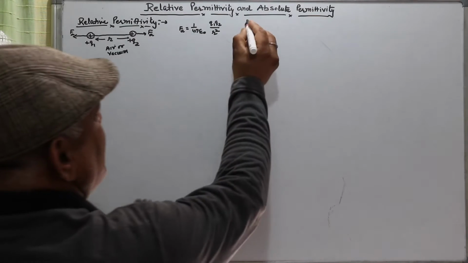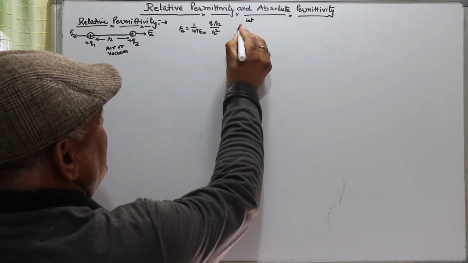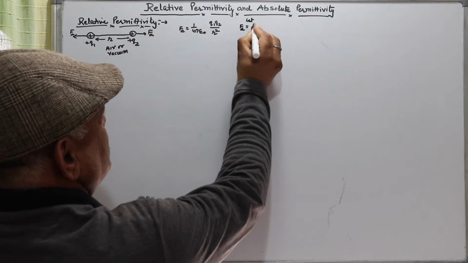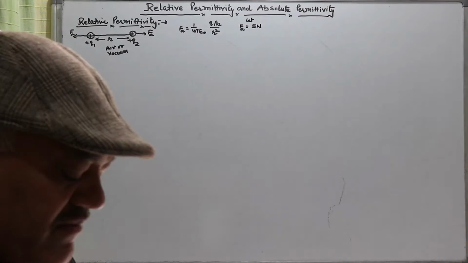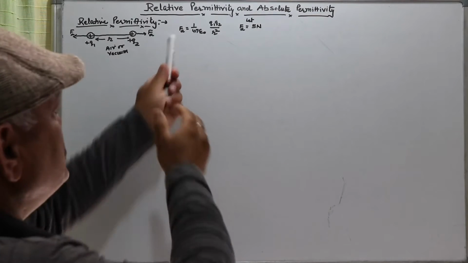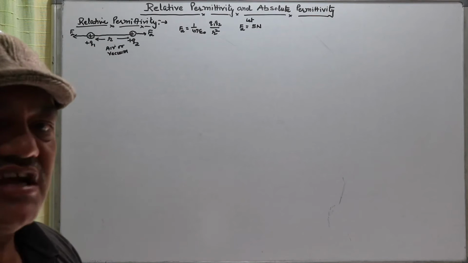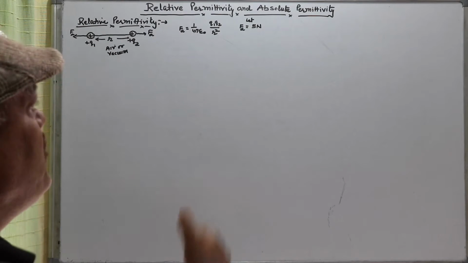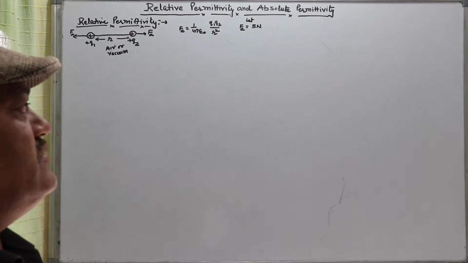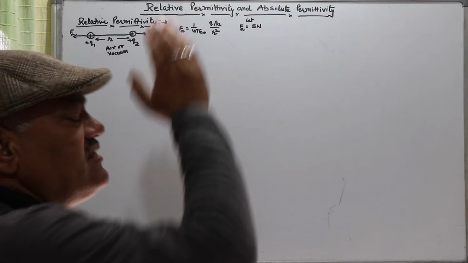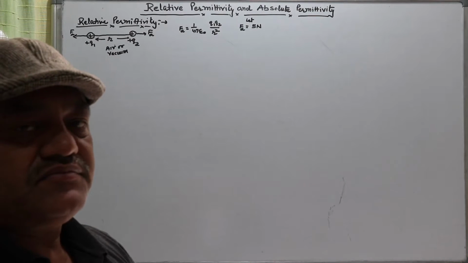Let the value of this Fa be equal to 5 Newton. Let us assume that the electrostatic force Fa between these two similar charges Q1 and Q2 in air or vacuum is 5 Newton. That means these two similar charges exert a repulsive force of 5 Newton on each other.